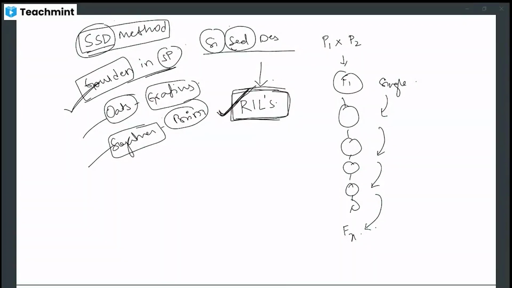What is the full form of RIL? Not in detail, okay, just tell me the full form. Recombinant inbred lines. So the single seed descent method is used to develop your RILs, recombinant inbred lines.